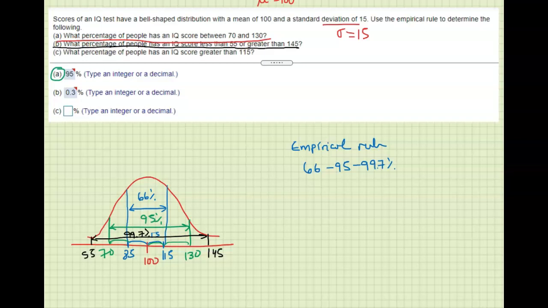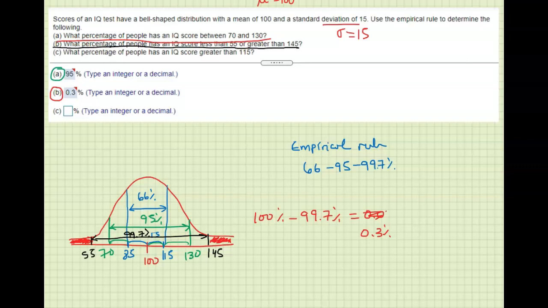If 99.7% of the data is between 55 and 145, it's asking what percentage is less than 55 and more than 145. Then you have to do 100% minus 99.7%, and you get 0.3% left over for those numbers below 55 and above 145. So that's the answer for part B.